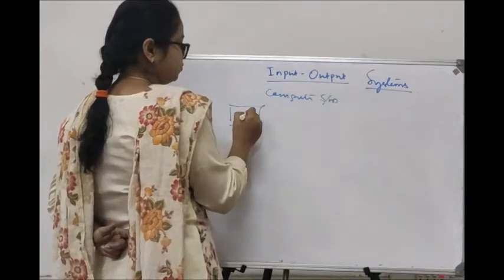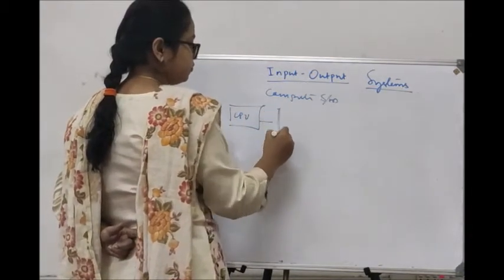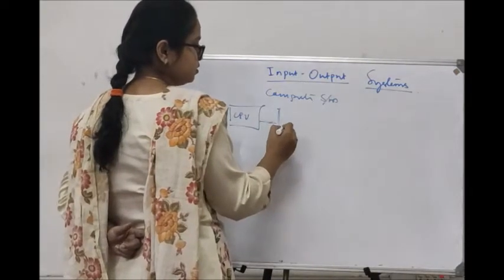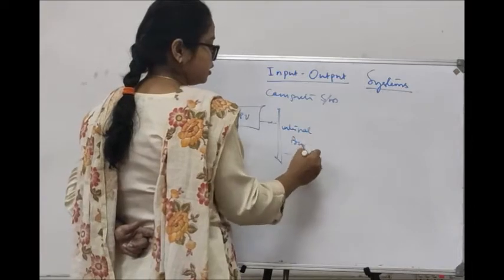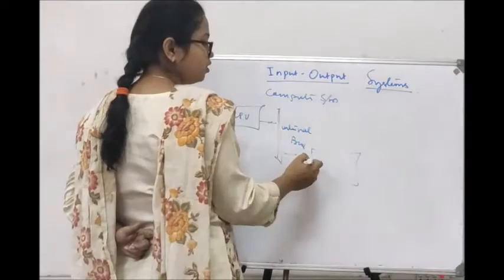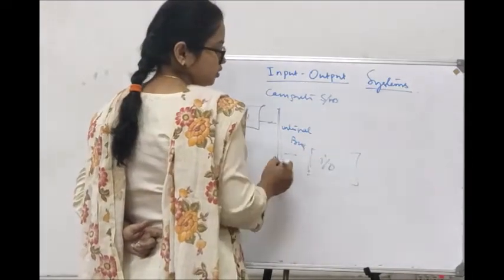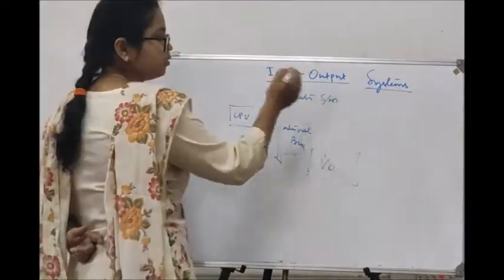There is a CPU, connected with an internal bus. There is an IO, which we call the input output system.